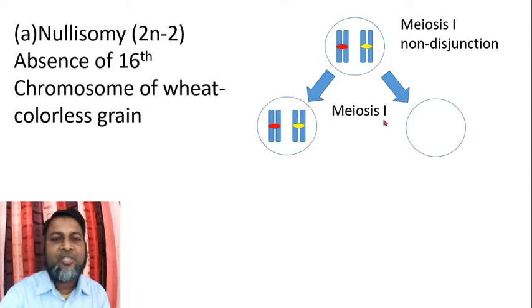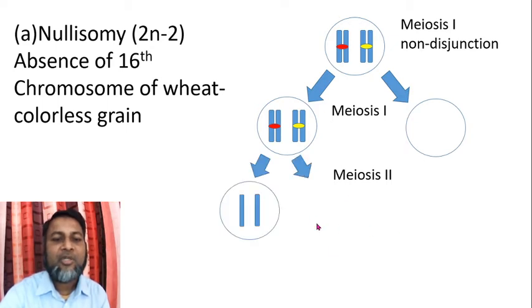After meiosis 1, one cell has both chromosomes, but one cell has no chromosome. After meiosis II, two gametes have two homologous chromosomes.